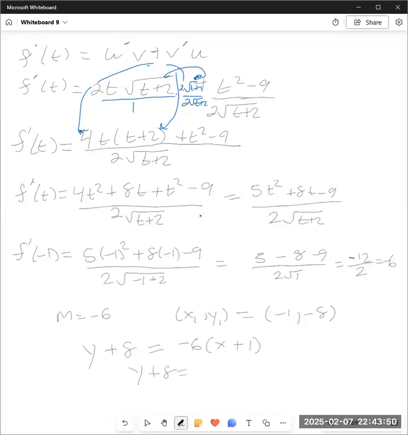Y plus 8 equals negative 6x minus 6. Subtract 8 from both sides. Y equals negative 6x minus 14. That was 61. I called this x and should have called it t. It's my fault.